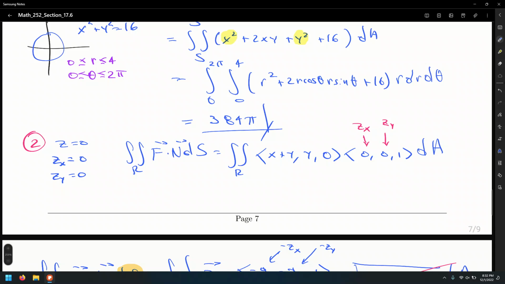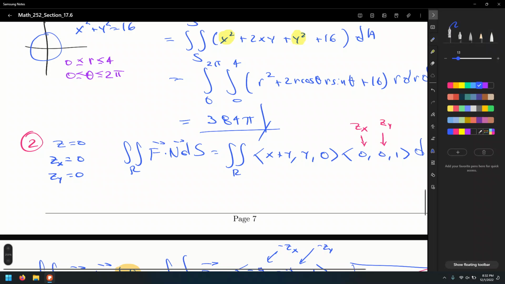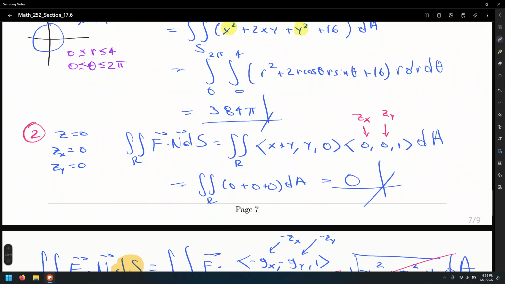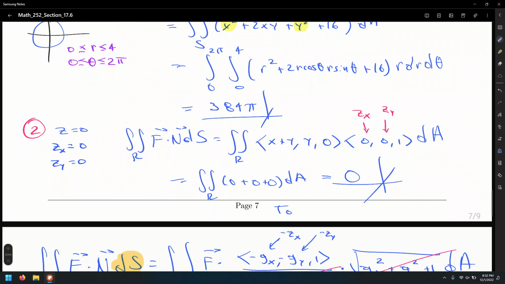Okay, let's do the dot product of these two vectors. So what's x plus y times 0? 0. What's y times 0? What's 0 times 1? The whole integral is 0. All right? Now we need to name the total flux.